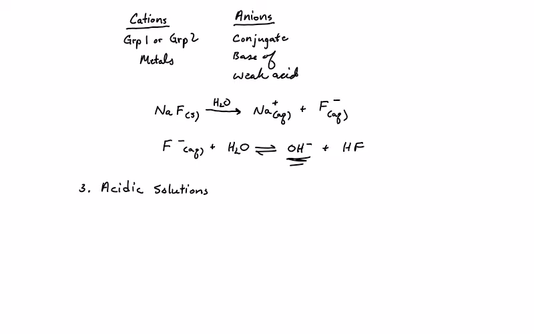This usually happens when the cation is either a transition metal or an ammonium cation, so NH4 plus, and the anion is the conjugate base of a strong acid.